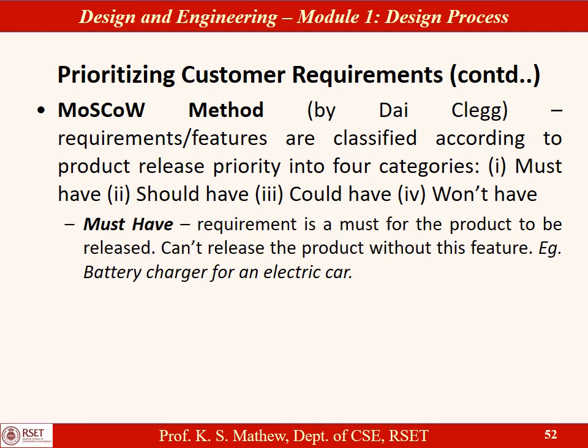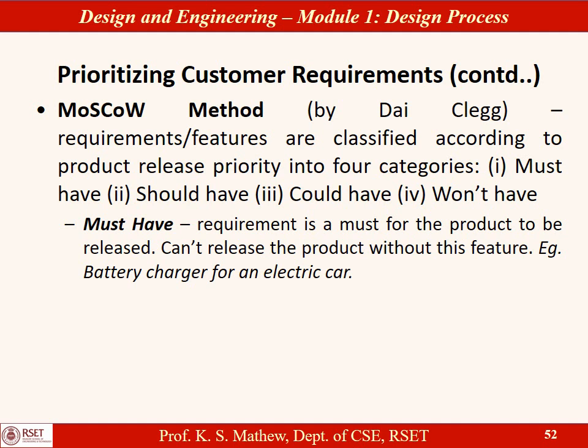So must haves are the features which are a must for the product to be released in the market. In the MoSCoW method, the priority is based on the product release priority. Based on the product release priority, the requirements are classified into four categories. So in order to release the product, if the product is not usable without a feature, then it is a must-have feature.